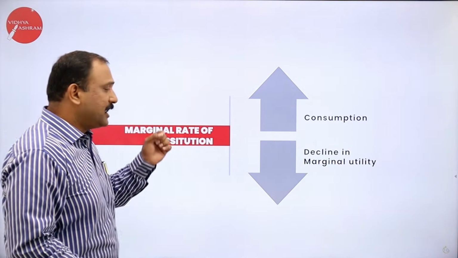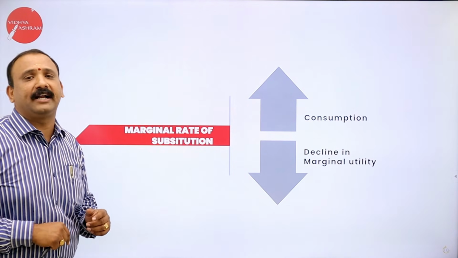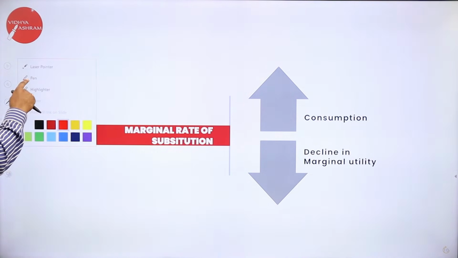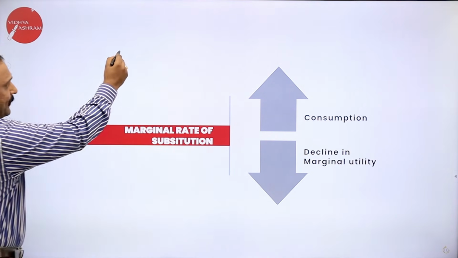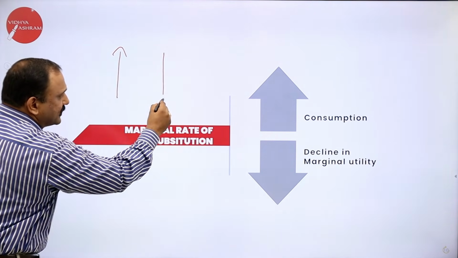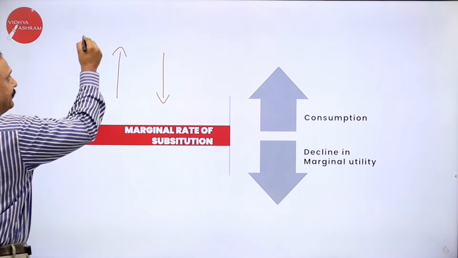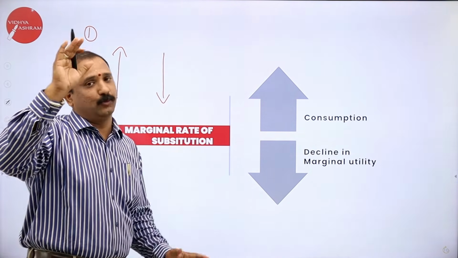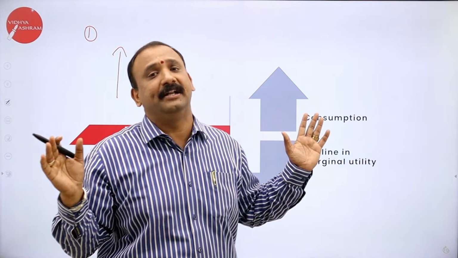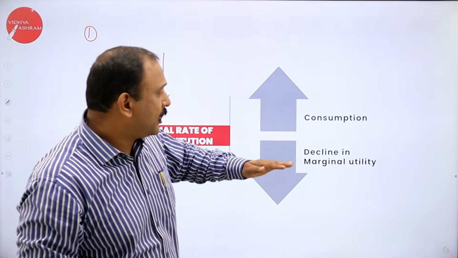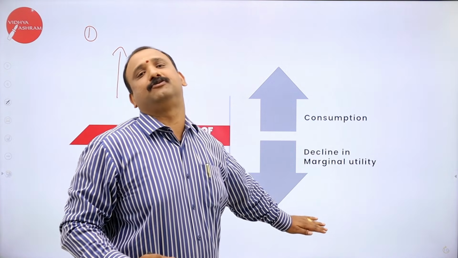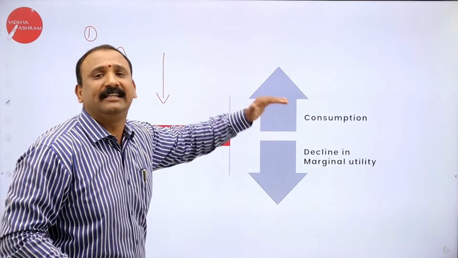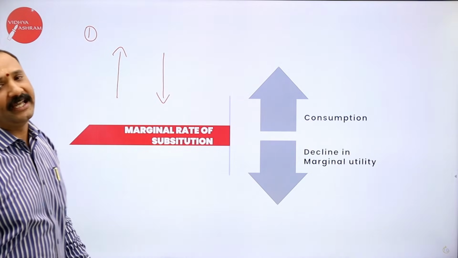Your utility value will start decreasing. Initially, you will be happy with 1 cup of ice cream, 2 cups, 3, but after the 4th cup, you will feel, I am satisfied, I am done, I don't want it again. So automatically, your utility levels will start coming down. There is a decline in the utility. The more you consume, the lesser the marginal utility value.